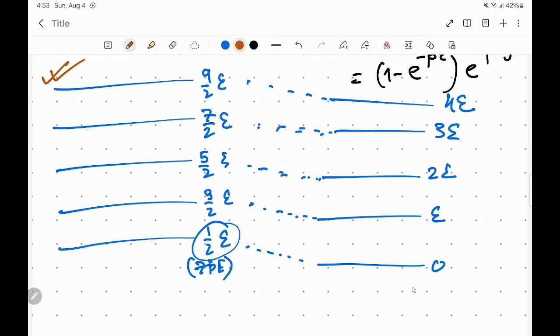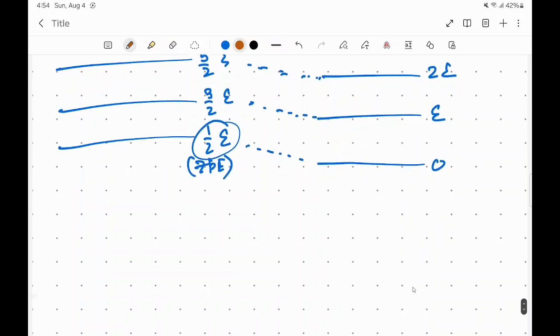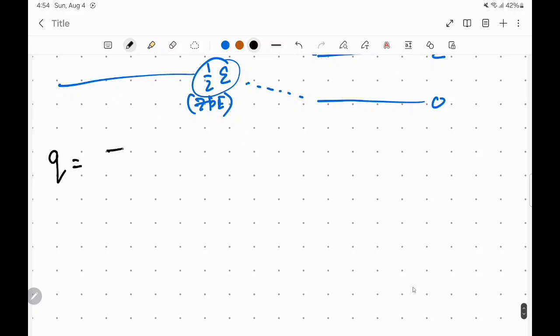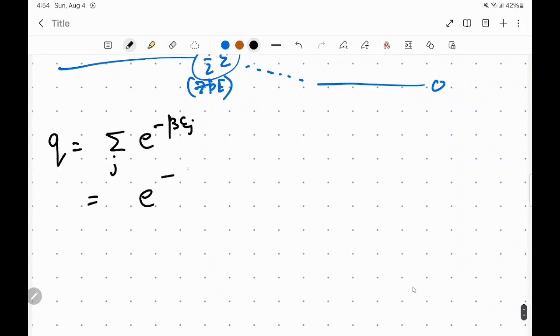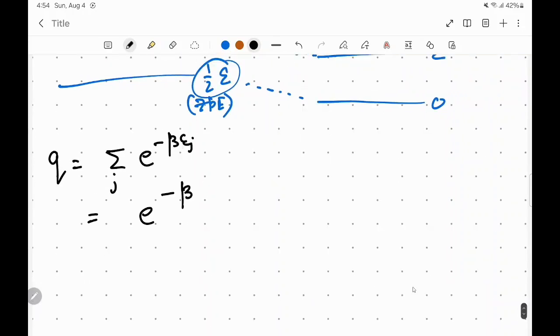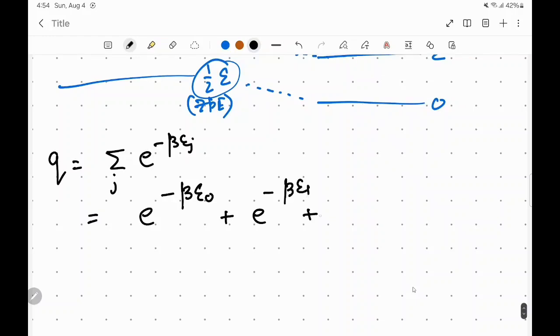This we have already discussed using these values. But when there is zero point energy, you have to consider it as well. The definition of the partition function will be the same, but now you have e to the power minus beta Ej. Here you have to consider e0, e to the minus beta e1, e to the minus beta e2, in this way.